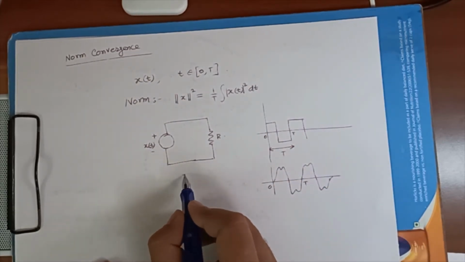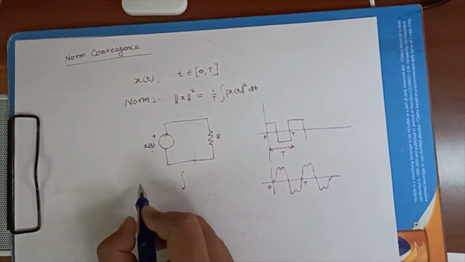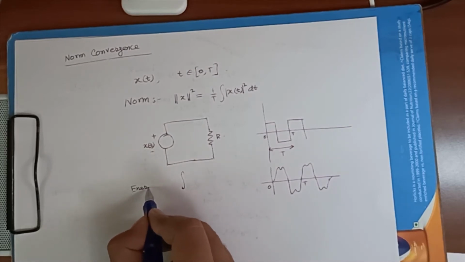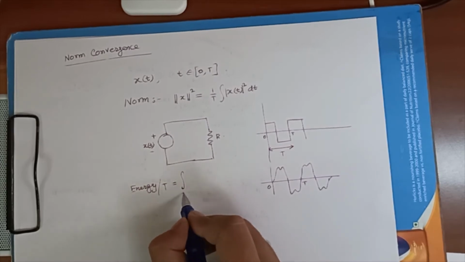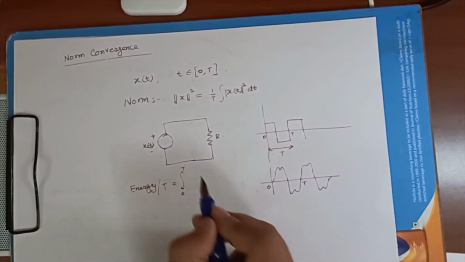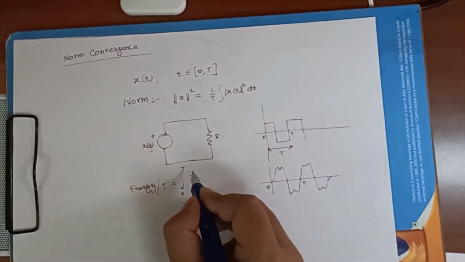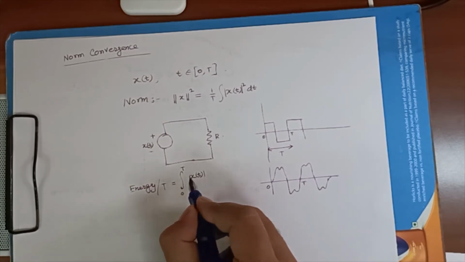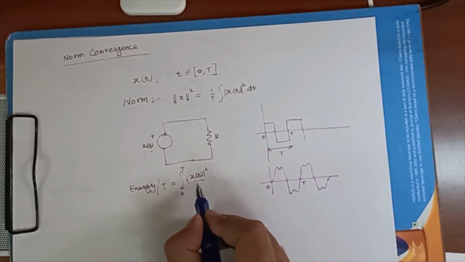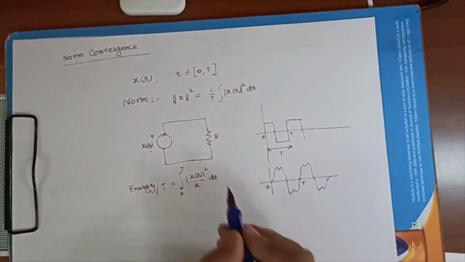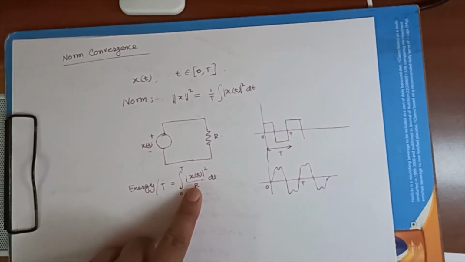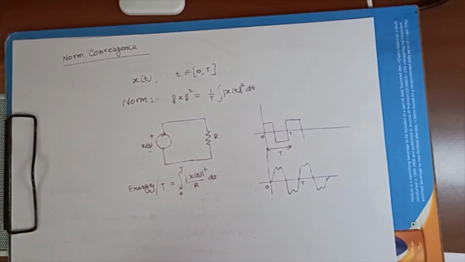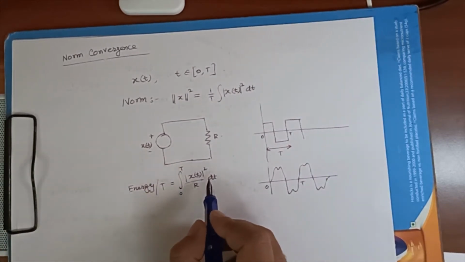We know that the energy in time T will be equal to the integral from 0 to T of x square divided by R dt. If x(t) is complex, we will get modulus of x(t) square. If this is real, simply x(t) square.